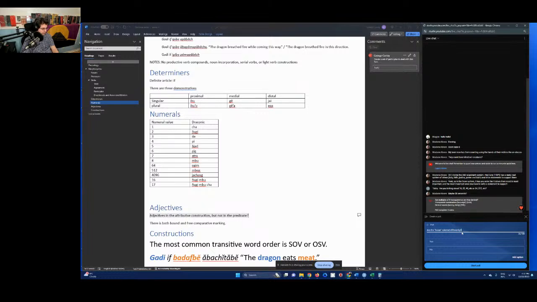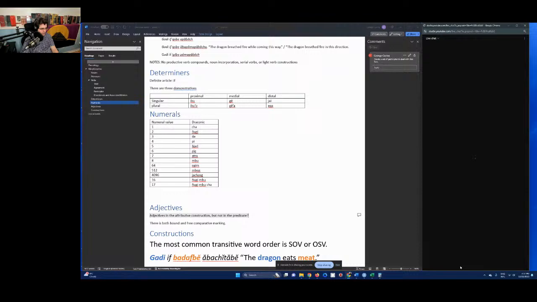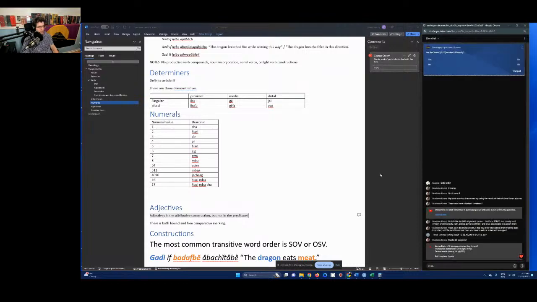So the teens in this case is actually going to be 9 through 15. Is that right? Yeah. Is there a different formation process for the teens?